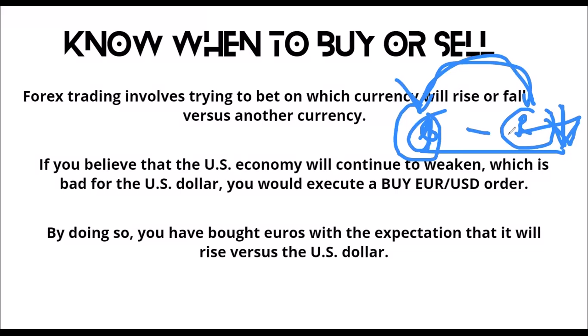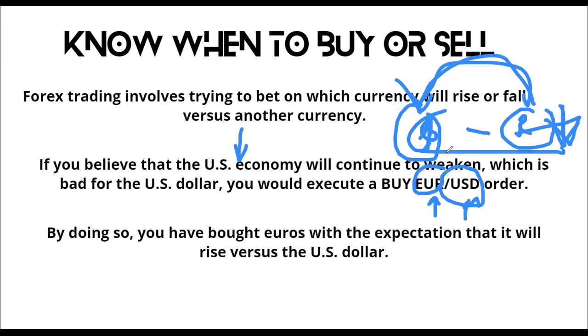So if you believe that the United States economy will continue to weaken, which is bad for the US dollar, you would execute a buy Euro USD order, which means if you buy Euro using USD, you are kind of safeguarding your US dollars, so that when the US economy falls, your money is in Euro and the value of your money is not falling.